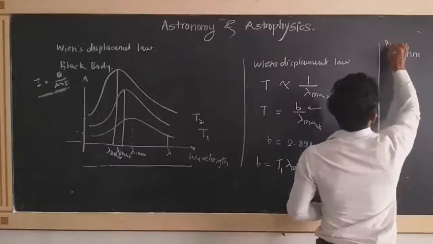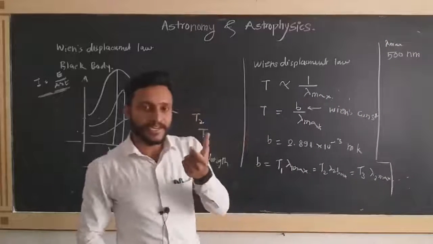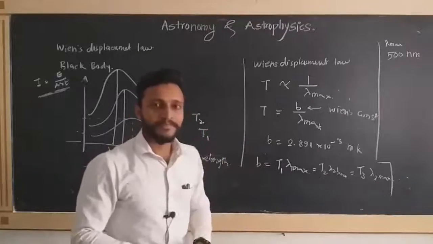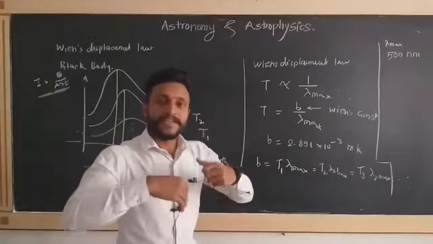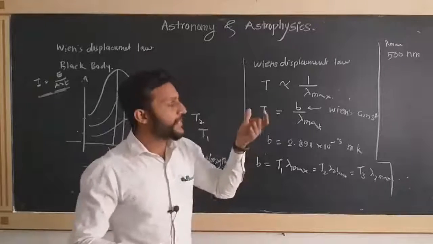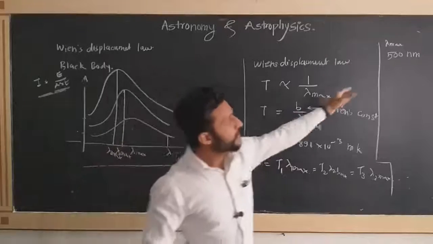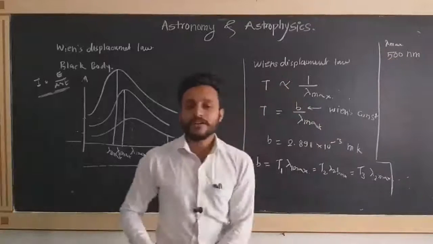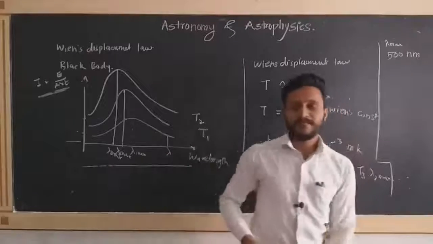So the lambda max, when we take the electromagnetic spectrum of the sun, where the light emitted from the sun acts as a black body, we observe that the lambda max, or the maximum radiation intensity, occurs at 500 nanometer.